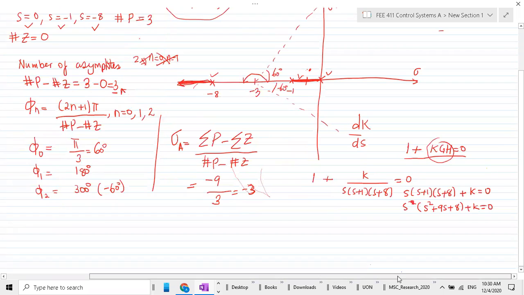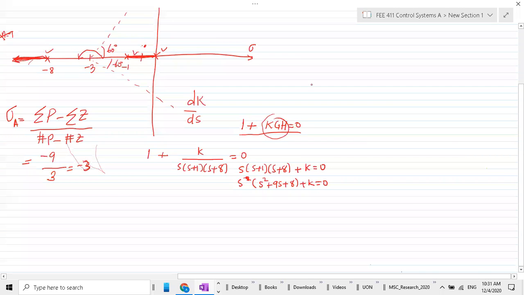Okay. So you make k the subject. So you'll have k is equals to minus s cubed plus 9s squared plus 8s, like that.